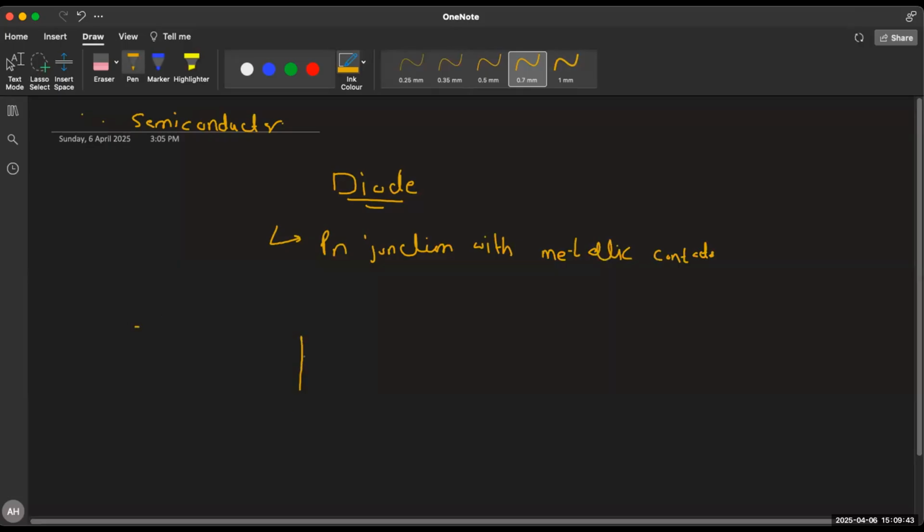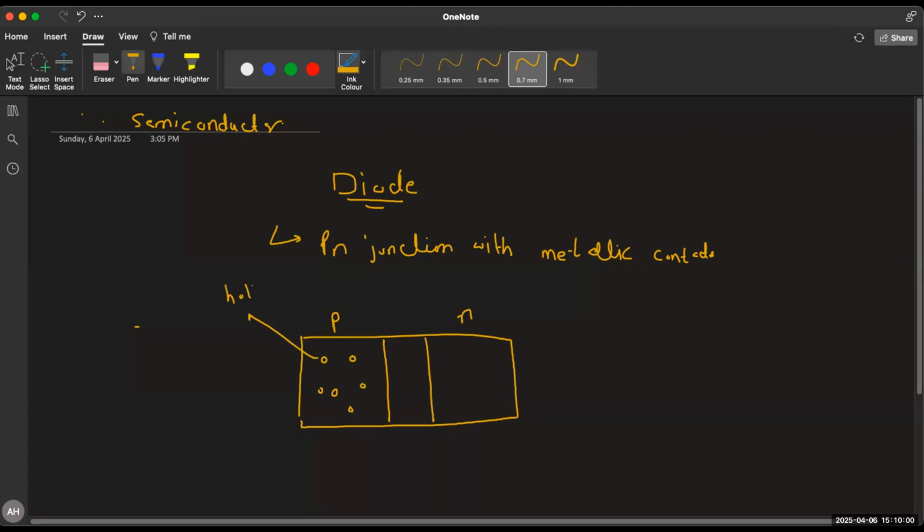So if you want to draw a PN junction, this will have a P side, then you have the N side. In the P side, you have holes in majority. These are holes. You have few electrons in minority.